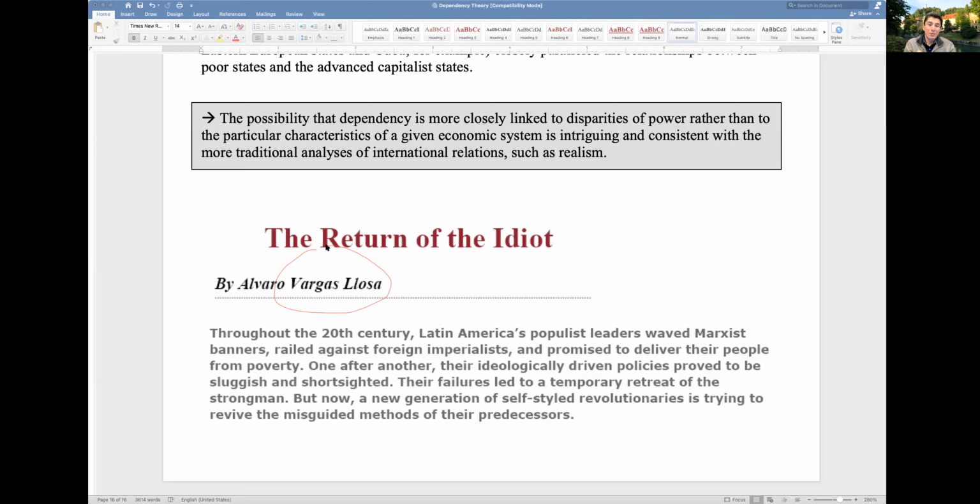This is why Vargas Llosa is talking about the return of the idiot, because in the mind of these analysts and many other people, places like Venezuela with Hugo Chavez, or Correa and others in Latin America, were trying to implement policies that had proven to be wrong 30, 40 years earlier, and they were going to try again. So some people thought, oh, what a bunch of idiots.